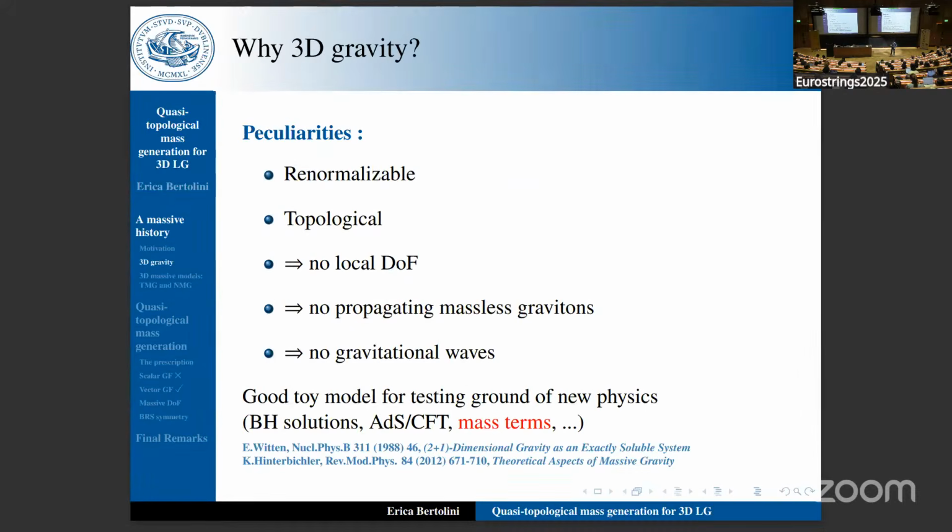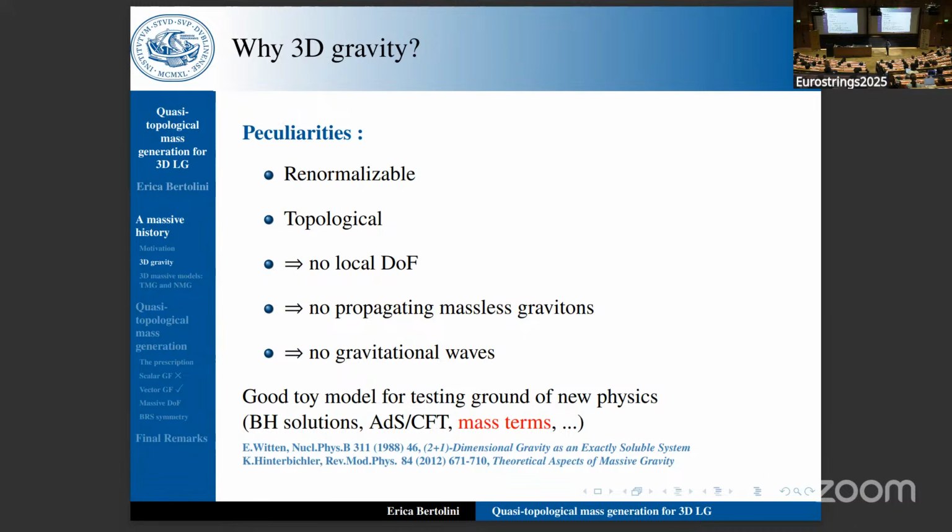So in my talk, I'm going to work in 3 space-time dimensions. So why is it interesting in the context of massive theory? It has a lot of peculiarities, and it's been used as a toy model for testing new physics in a lot of contexts, and especially also in some massive gravity theory, as I will show you in a few slides.